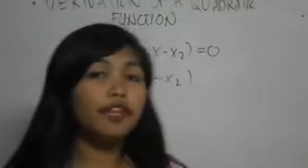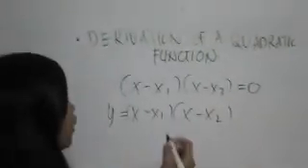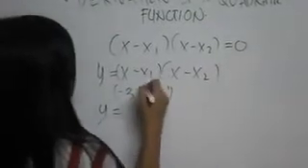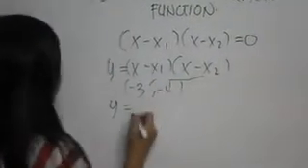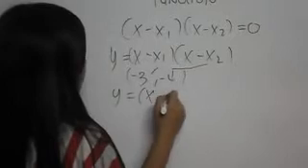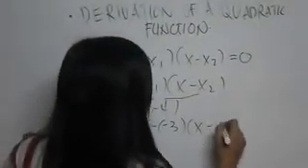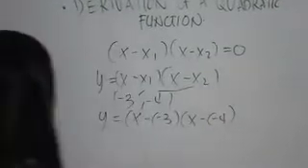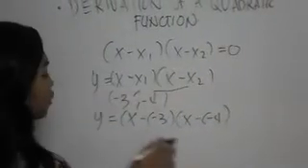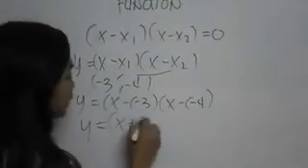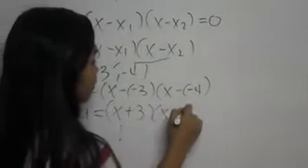Then I'll give an example. Given negative 3 and negative 4, x minus negative 3, then x minus negative 4. These are the factors of y. So y is equal to (x plus 3)(x plus 4).